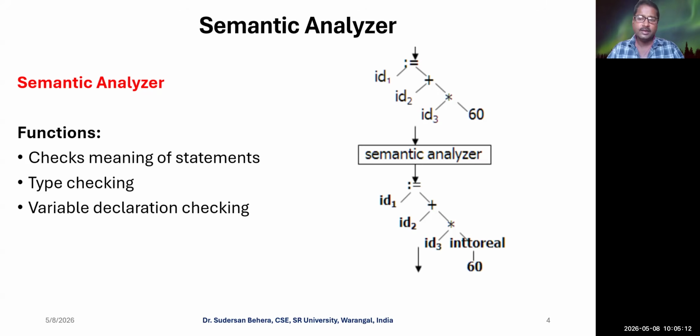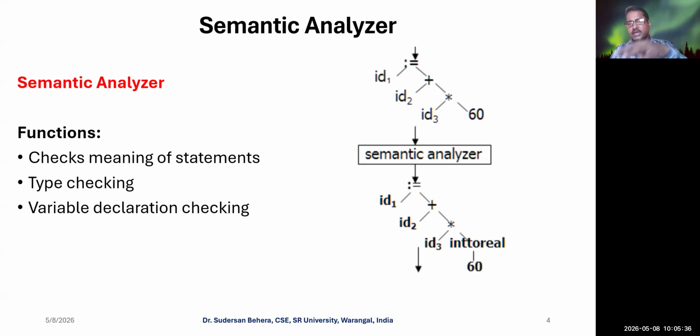Okay, how to convert? There are two types of conversion performed by the semantic analyzer. One is implicit conversion, which happens by the machine. It does not need your help to convert. And another type is explicit conversion, where users specify, yes, convert this integer number to a real number, or convert this real number to double.